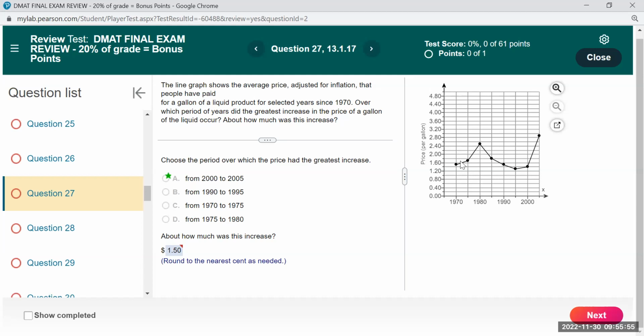This one went from 1.6 to 2.3. So that increase looks smaller than this one. So the greatest increase would happen between 2000 and 2005.